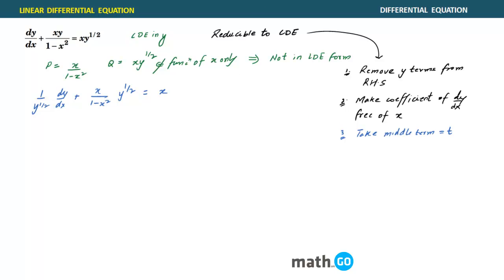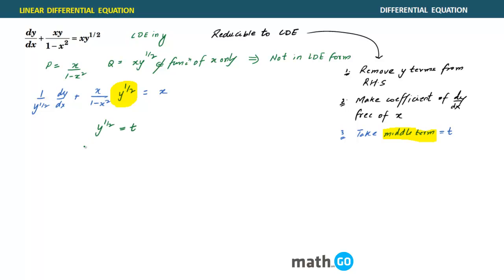So I'll explain what the middle term is. In this particular expression, the p that I talk about is the coefficient of y, right? Here p. So this is called the middle term according to this convention. This is the middle term. So you have to assume this equal to t. So let's see, if you assume y raised to power 1 by 2 is equal to t, now differentiate.